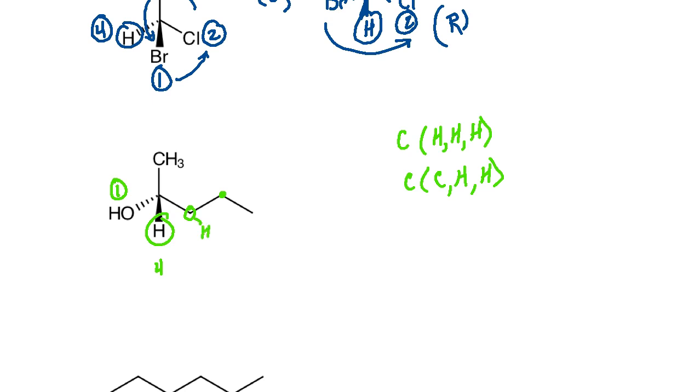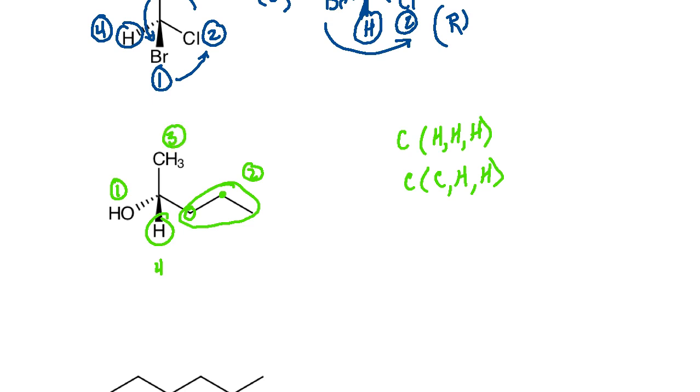There's a hydrogen and a hydrogen coming off of there. So if I were to rank this, I would say this entire chunk is going to be rank 2, and this methyl is going to be group 3.